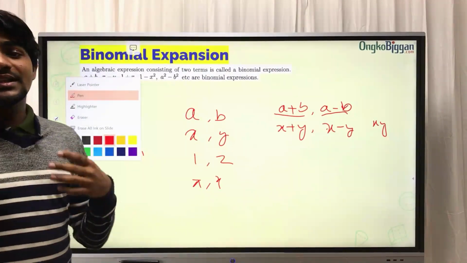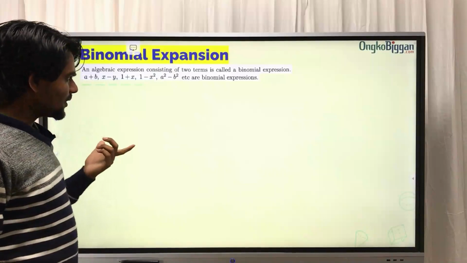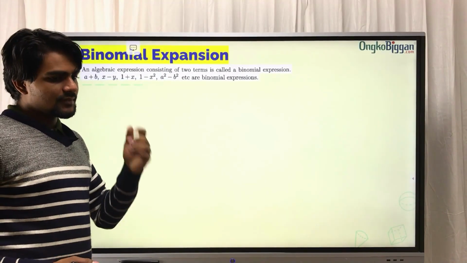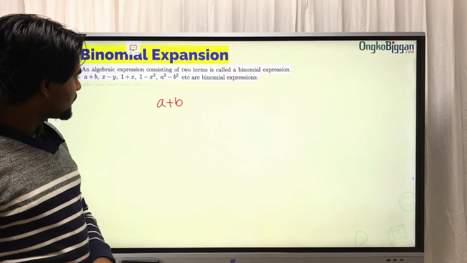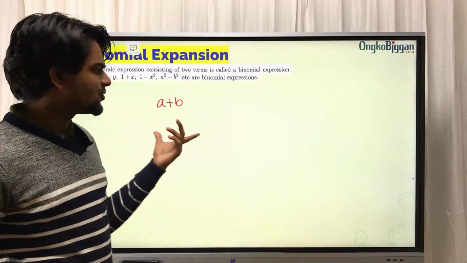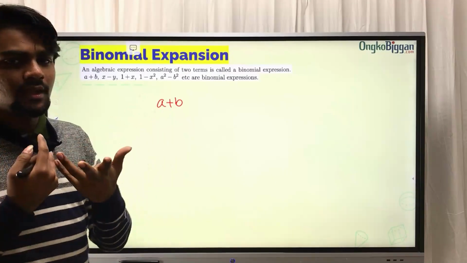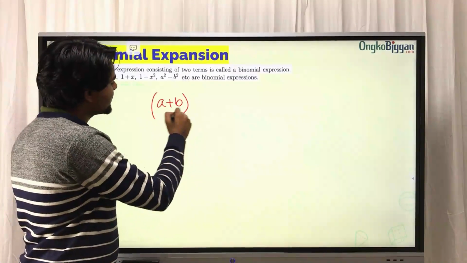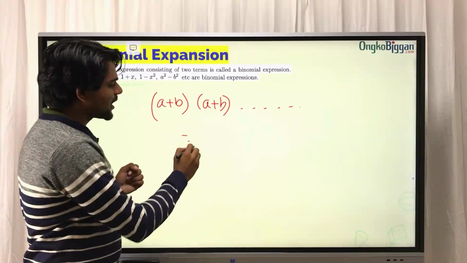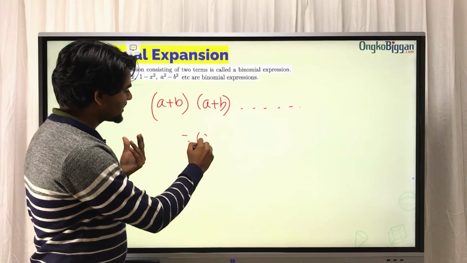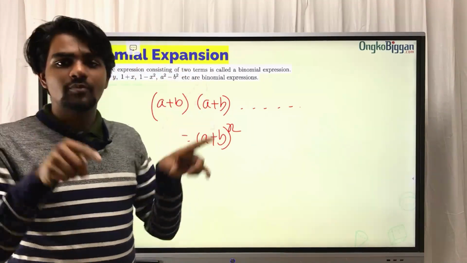So we have learned what a binomial expression is. Now we need to learn what a binomial expansion is. Let us assume that this is a binomial expression. If we multiply a plus b with a plus b multiple times, we get an expression that can be written in short form as a plus b whole to the power of n.